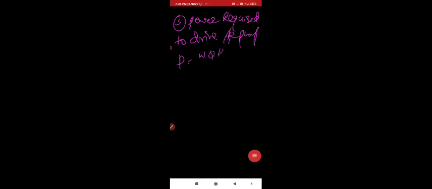Third one is power required to drive the pump. P is equal to WQ into H by efficiency. Here I am writing capital H, that is the given static head. Substitute all the values in this equation, you will get the power required to drive the pump.